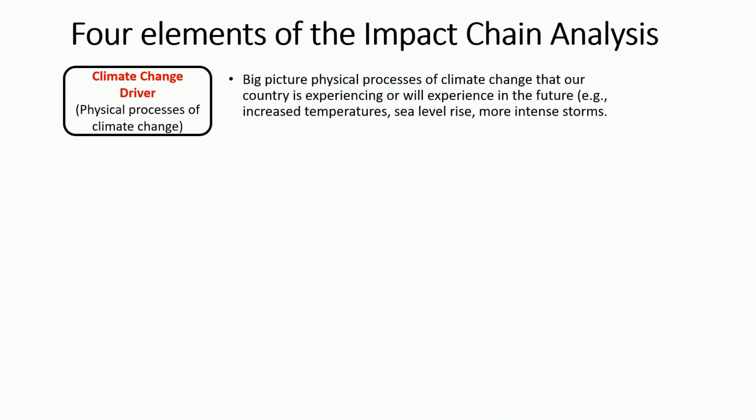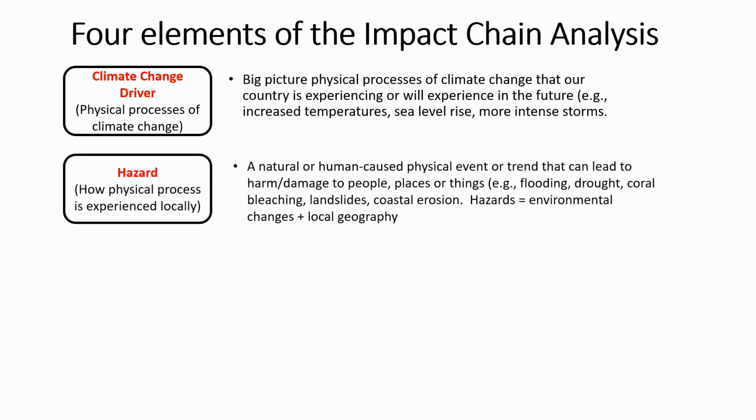You can think about them as changes in environmental conditions. That's what they are. They're changes in temperature and precipitation, more frequent cyclones or typhoons, or more intense cyclones and typhoons, those sorts of things. Now our next step is to look at the hazards.